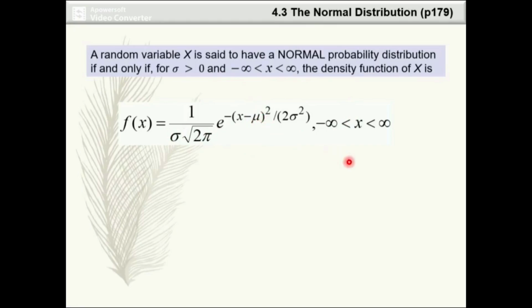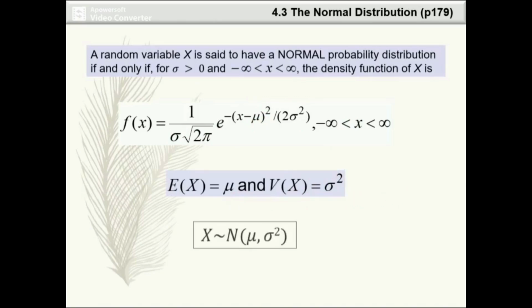Now, these have special meanings. Mu is just the mean, which is typical as you know, and sigma squared is the variance. So if you wanted to write this distribution using the shorthand notation, x follows a normal distribution, so you use the N to denote the normal, and then the parameters are mu, sigma squared. So you'll always put mu first, and here you're going to put the variance.